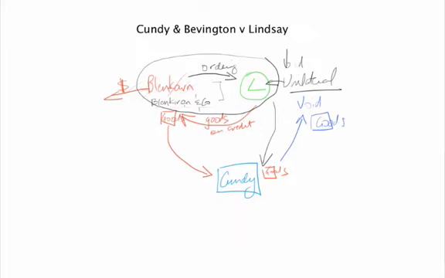So as you can see, a little bit of a complicated case, but the important part for us to see is that there was a unilateral mistake about the identity of the other party that was known to the other party because they were a shyster, and that they took advantage of that.